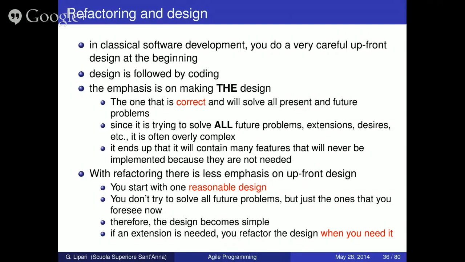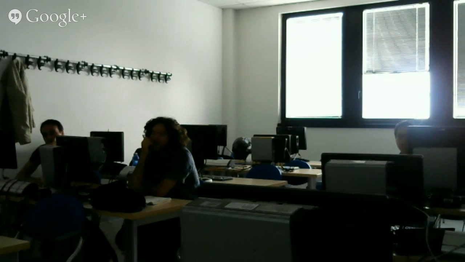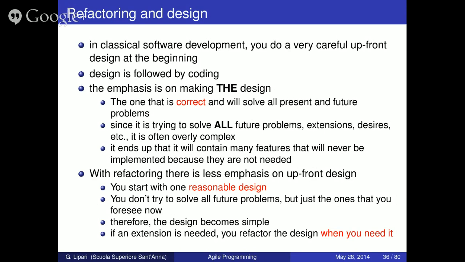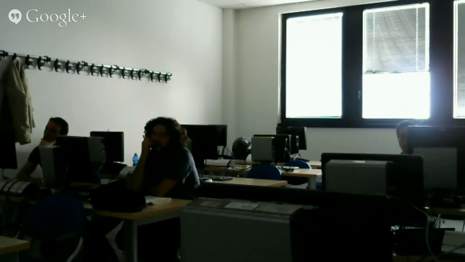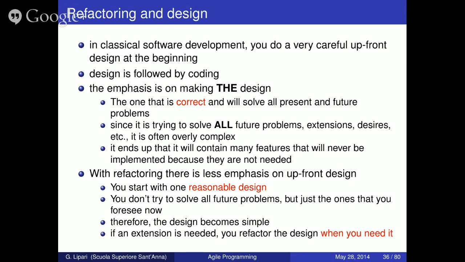So instead of having one single initial phase in which all the design is made, followed by one single coding phase in which all implementation is done, you are going to split this into small cycles in which you do small design for the features you need now, small coding, then small redesign and refactoring if needed, and coding, and then refactoring and coding, and so on.